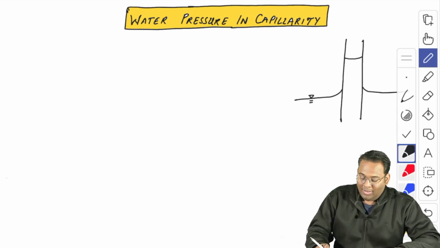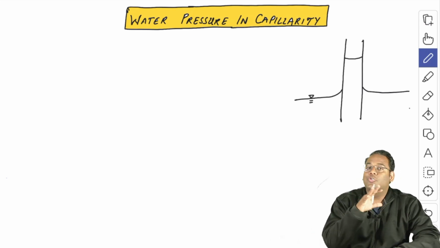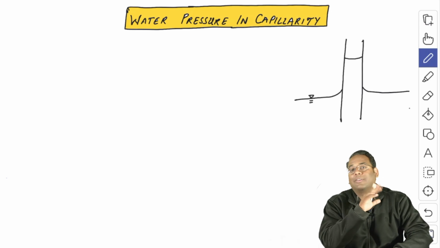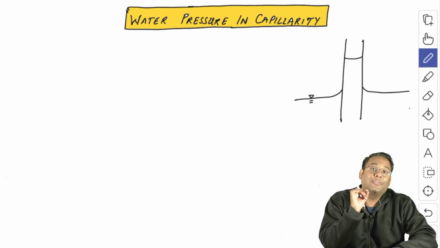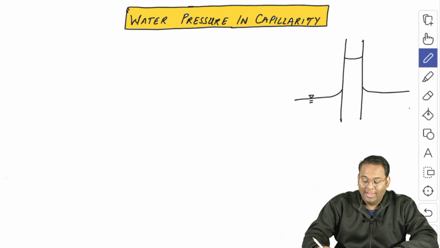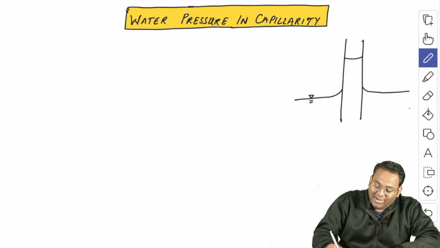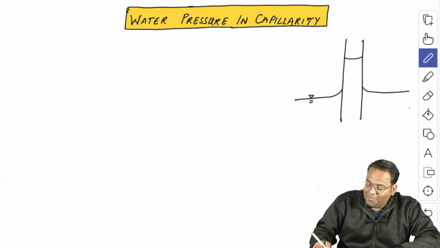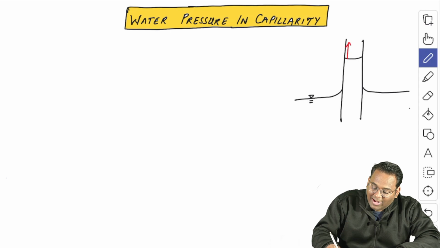Now please see here, you might have already studied that the surface tension is acting at the free surface, and you already know that there is a component of the surface tension acting in the vertically upward direction.